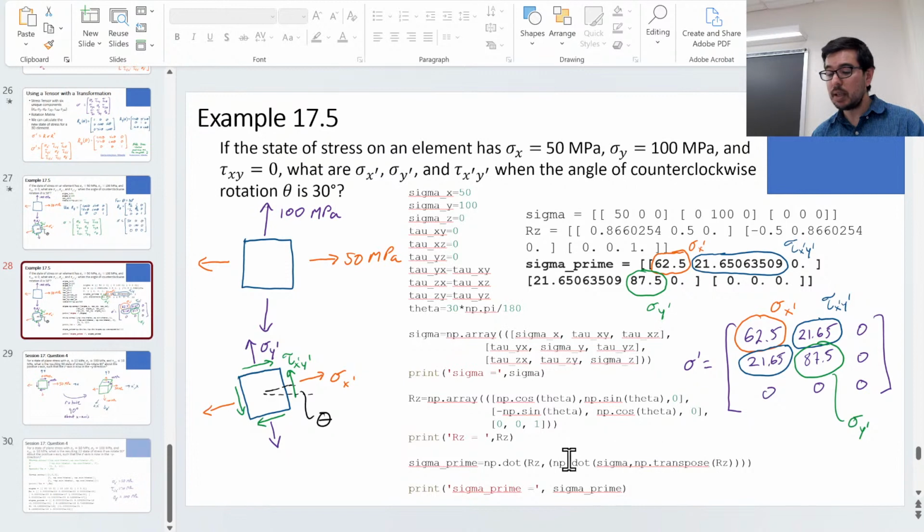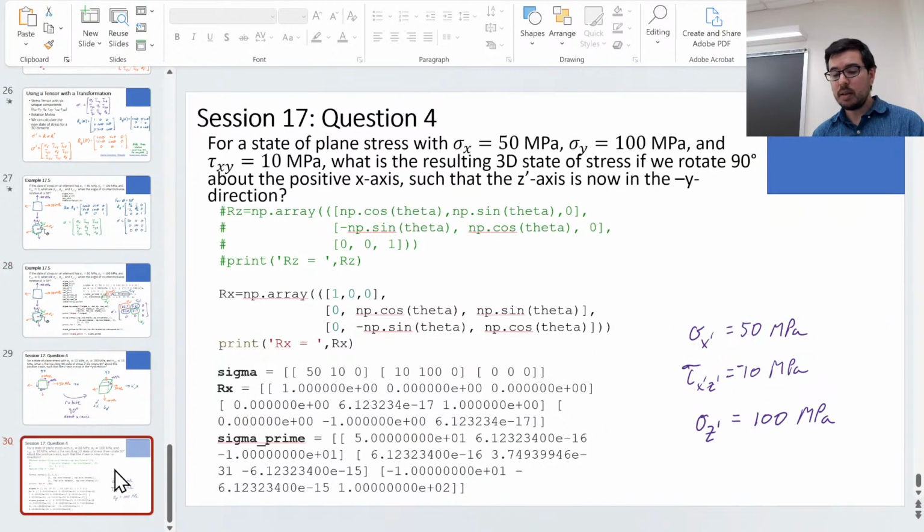So if you use this instead, you can get the output of a tensor, okay, for the sigma prime.